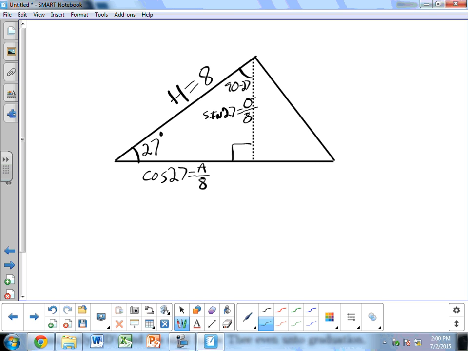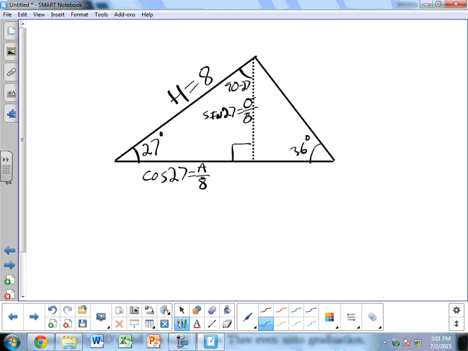So we can do everything in that triangle. However, we have nothing for the other half of the triangle, so there would have to be something given there, like this angle, which let's say is 36 degrees. And it's the same process, and this video is getting long, so I'm going to stop there. There you go. It's the exact same process to find the rest of the pieces of that triangle.